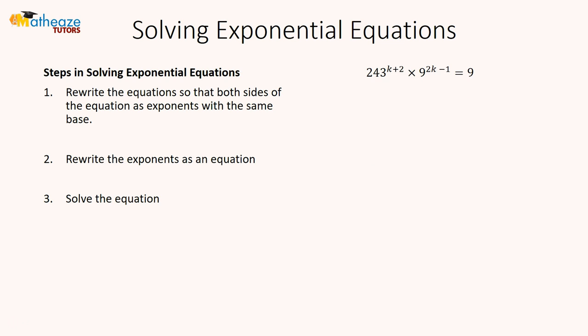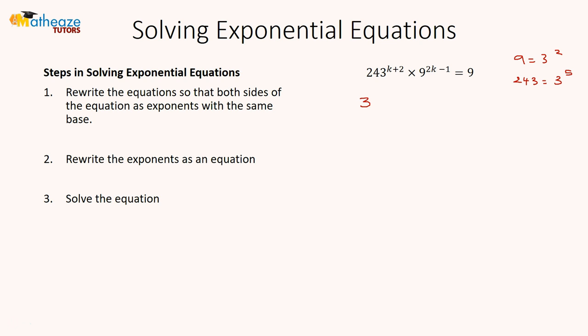Final one. We're going to look at each of these. So 9 is 3 squared, and 243 is 3 to the power of 5. So we're going to replace them accordingly.